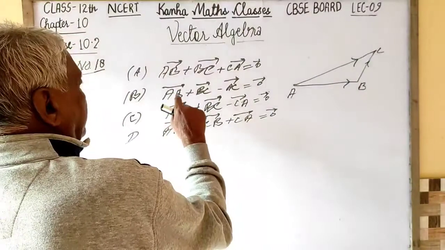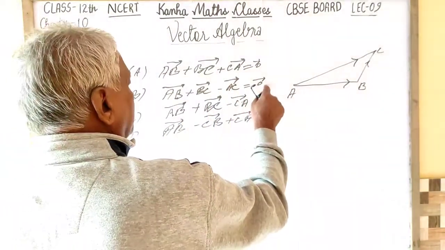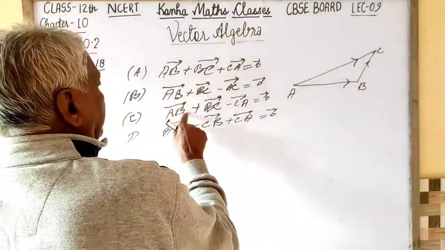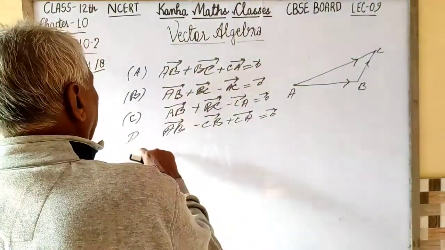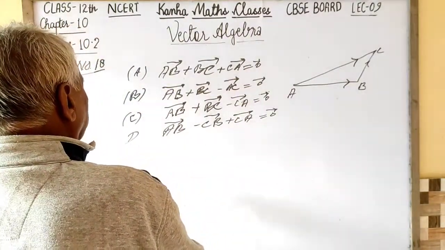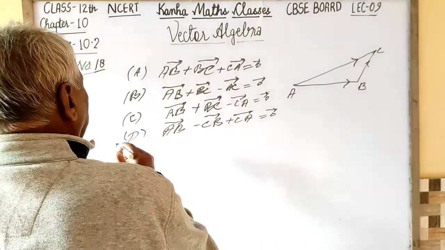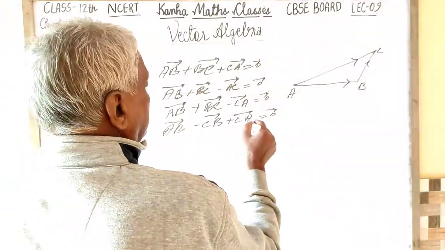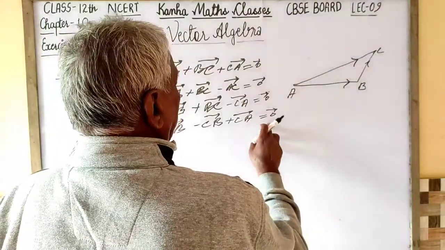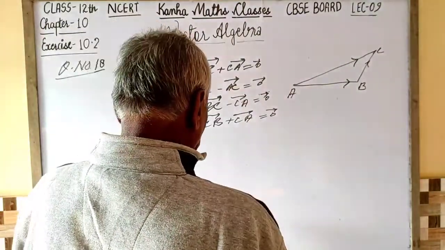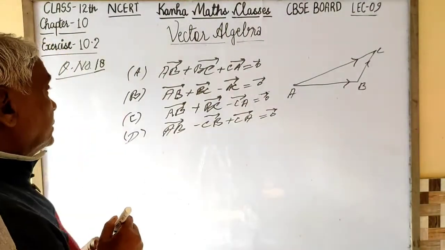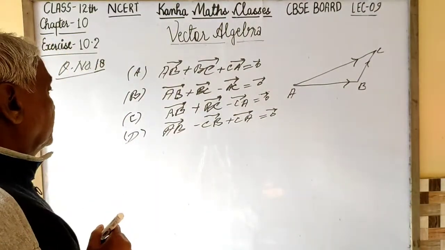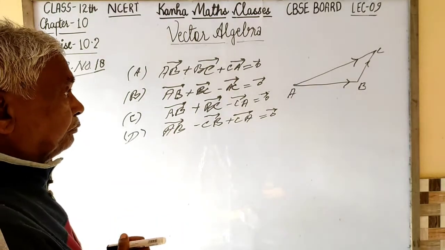Second option: AB plus BC minus AC is equal to 0. Third option: AB plus BC minus CA is equal to 0. And the fourth option, under D: AB minus CB plus CA is equal to 0. We have to choose the correct option amongst the four options A, B, C, D.